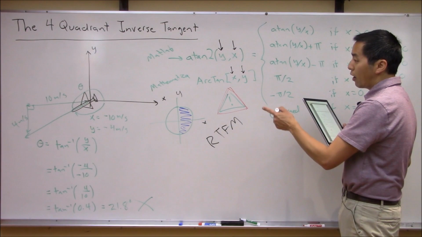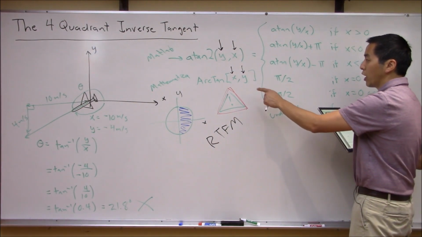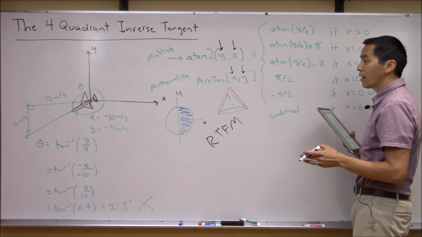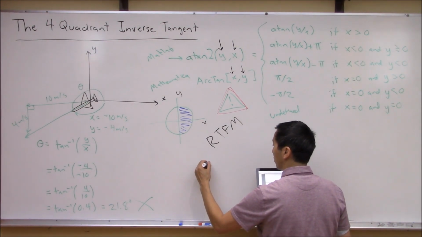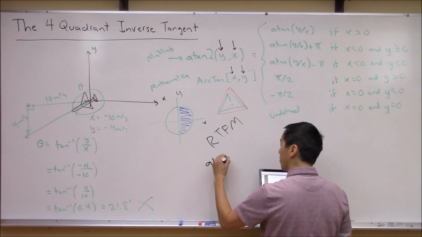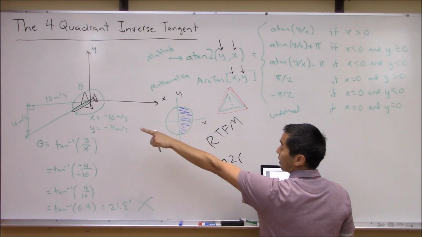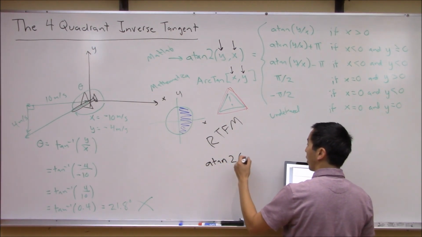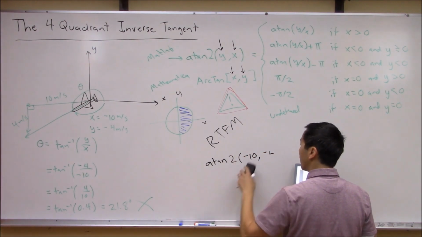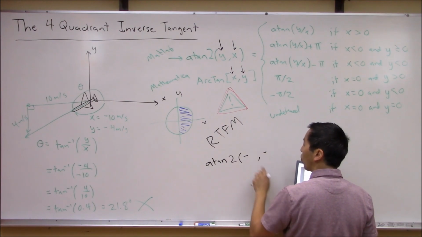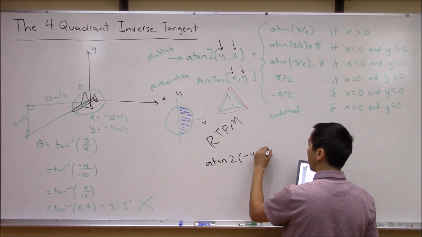Okay, so here's a screenshot. When I plug this into MATLAB or Mathematica, for the sake of completeness, in MATLAB, if I say atan2 of, let's use our exact example with the aircraft, this is -10 and, oh no, sorry, I did it exactly in the wrong order. I want the y component first, right? -4 and -10.